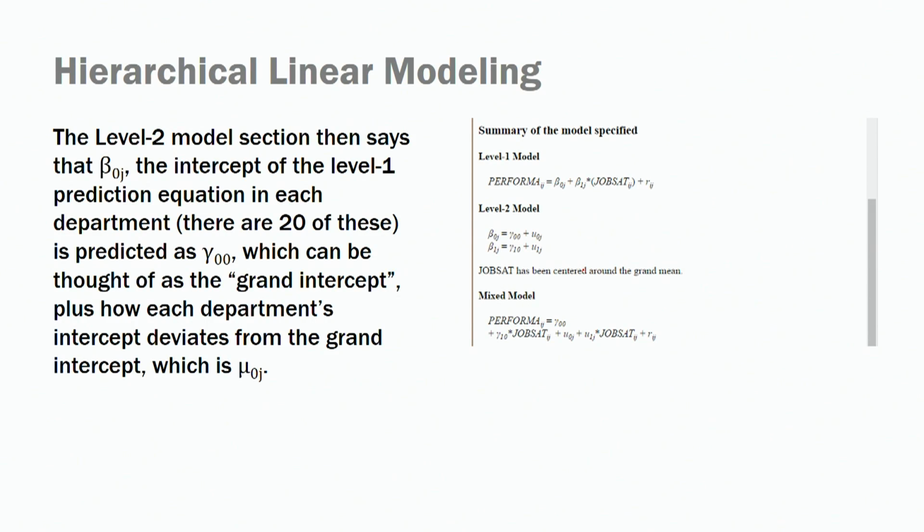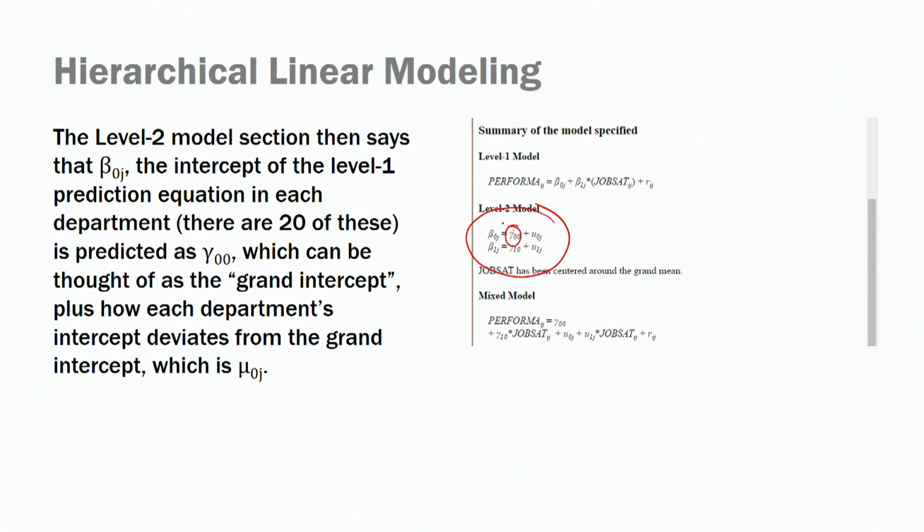It's important to notice that in the level 2 models, we have one for the intercept and one for the slope. This gamma 0,0 is the overall average for the intercepts.